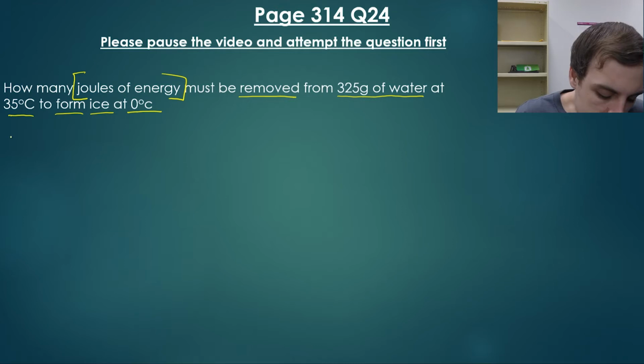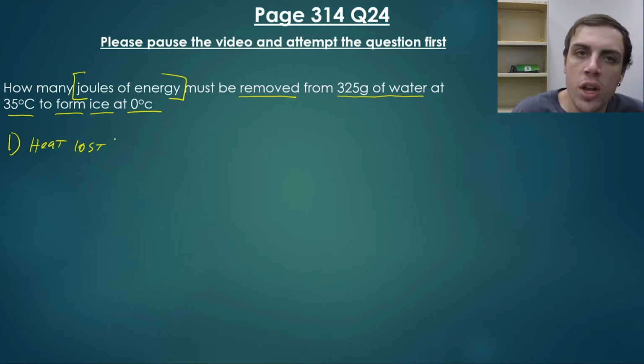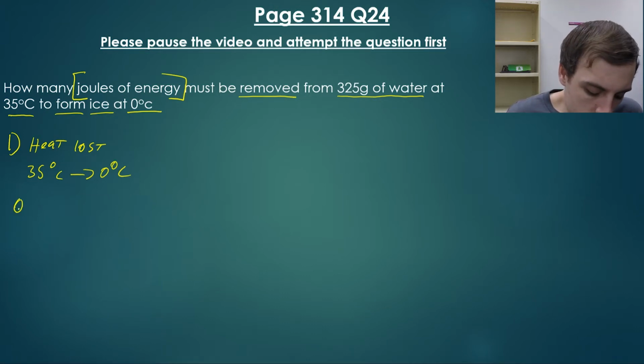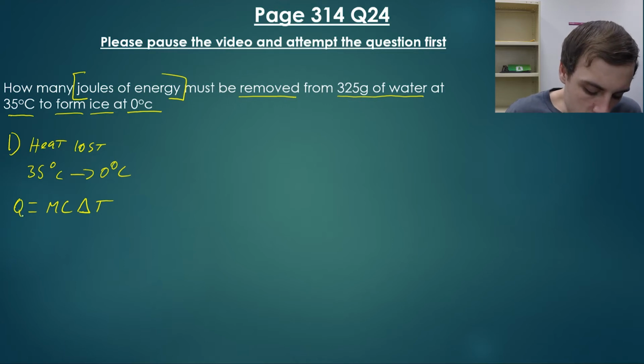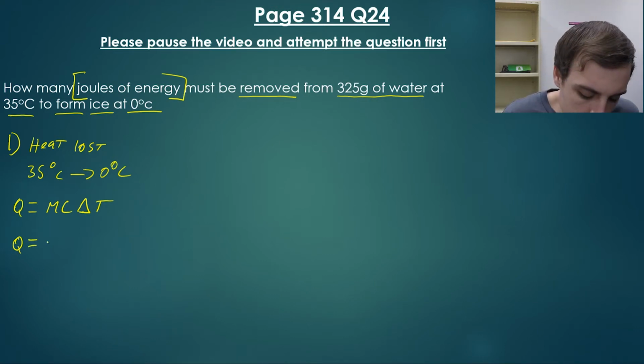Our first step is determine the amount of heat lost to cool it from 35 degrees to 0 degrees. Now, we do this by using our specific heat formula. So, Q is equal to mc delta T. So we have a look here. So Q, we don't know, because that's what we want to find out. We want to know how much heat is being moved, is equal to the mass.